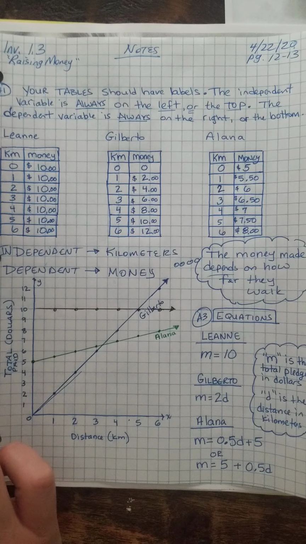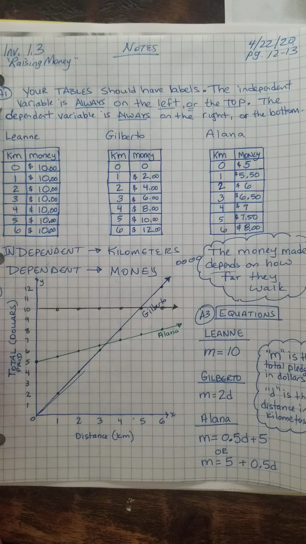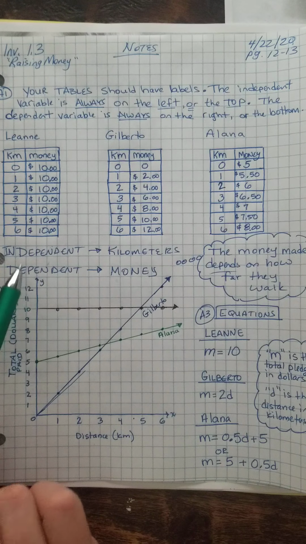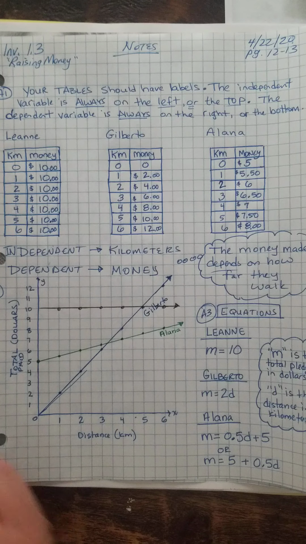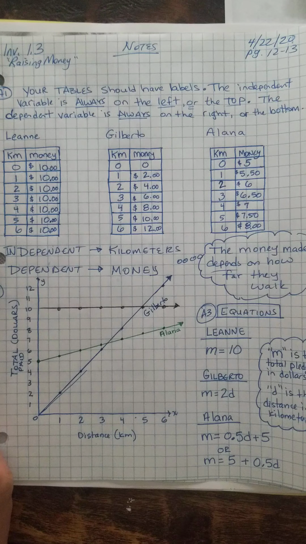A couple of things about the data tables, and I wrote it up here at the top. In this case, the independent variable, what goes on the x-axis, is the kilometers, the distance, and the money is dependent on that.